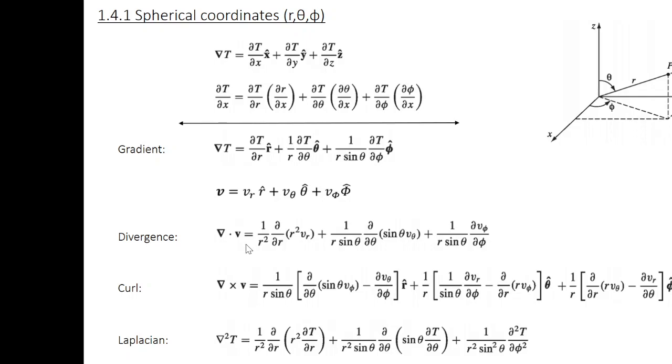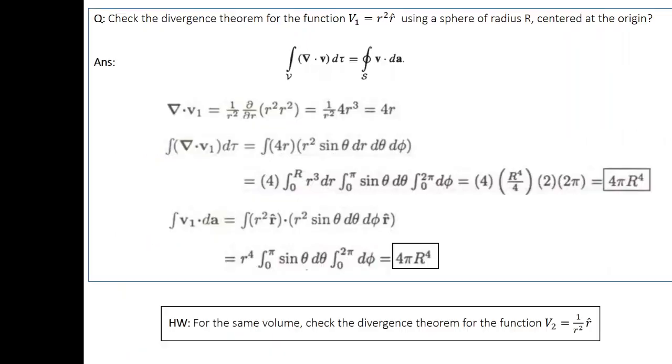So divergence of v is defined as 1 over r square dou by dou r r square vr plus 1 over r sin theta dou by dou theta sin theta v theta plus 1 over r sin theta dou v phi by dou phi. Similarly, these two are the expressions for curl and Laplacian. So that's about spherical coordinates.